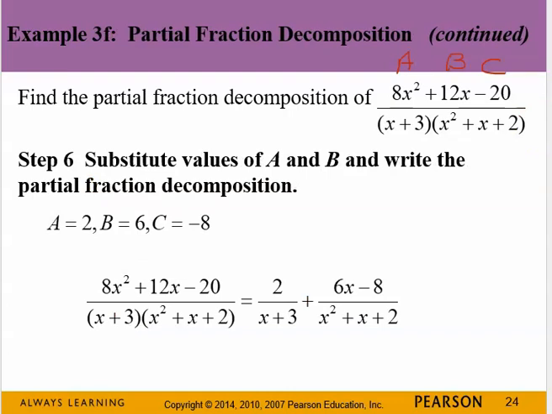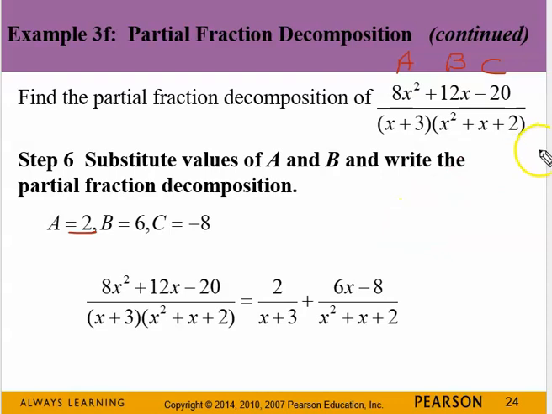Recalling where we started, or the top of your page, we had that this was A, this was B, and this was C. So our constant here is going to be 2. A we said was 2, so that goes 2, and then plus our B value was 6, 6X, and then minus 8. And there we have it.